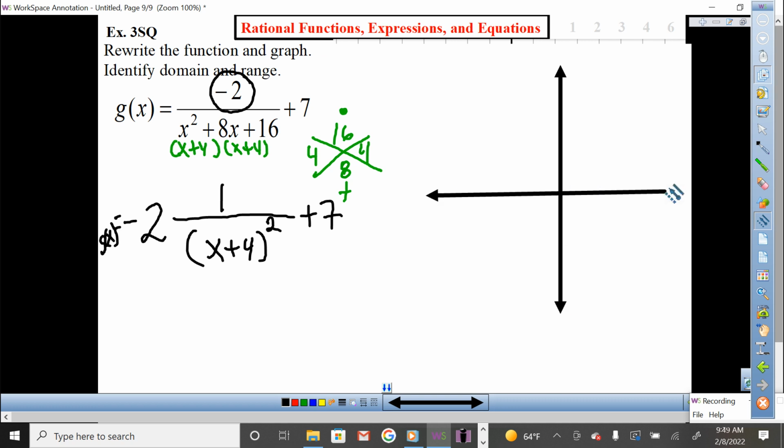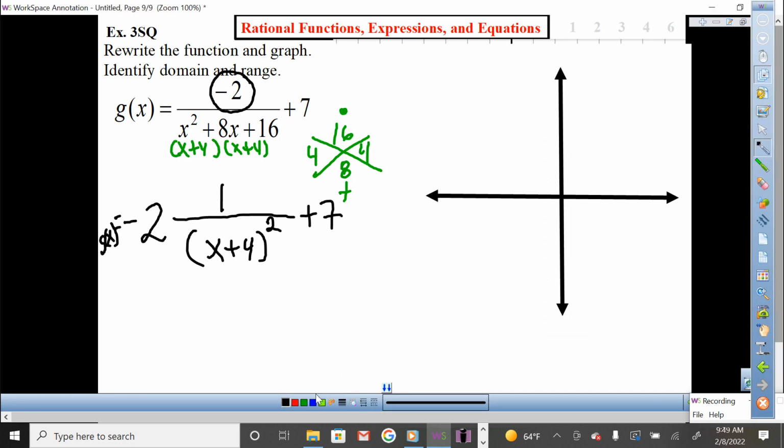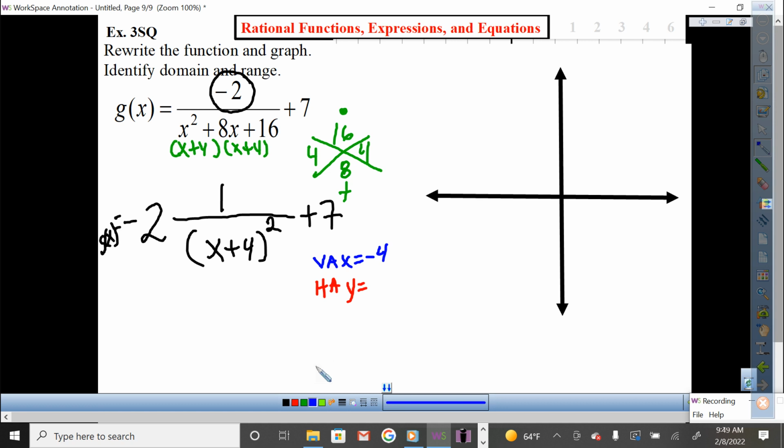This time I'm not going to give you the original, just so that we can make a clean graph. Here we go. First thing we do to graph is what? VA, HA. Everyone, our VA, -4, that is correct.